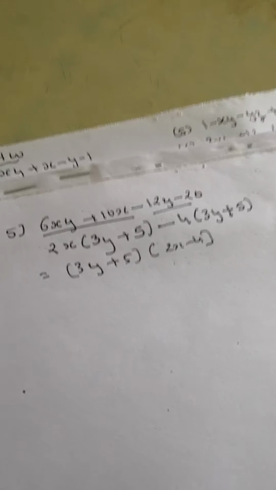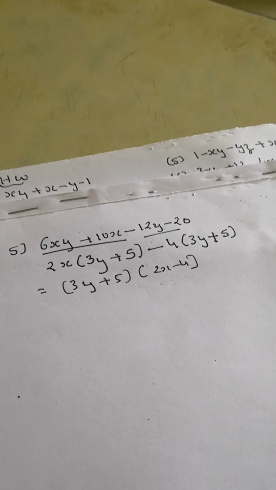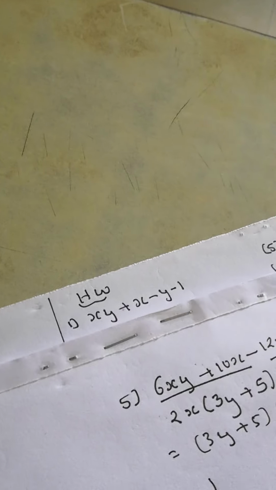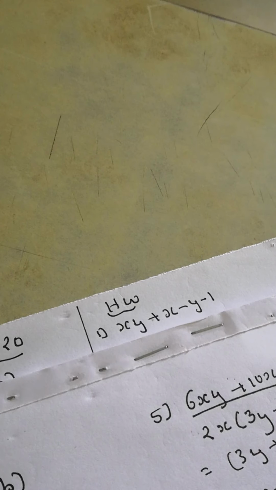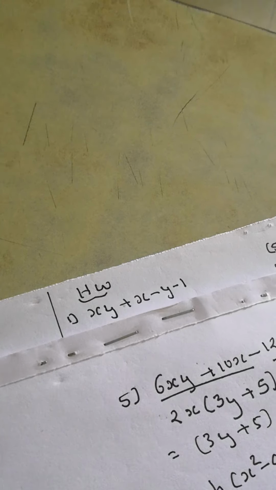Well, dear friends, I have shown you some 5 examples. So according to these 5 examples, let us take one more example, that is number 6. b into x square minus a square plus x into a square minus b square.